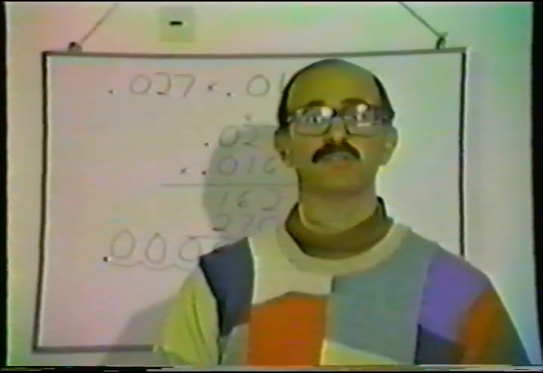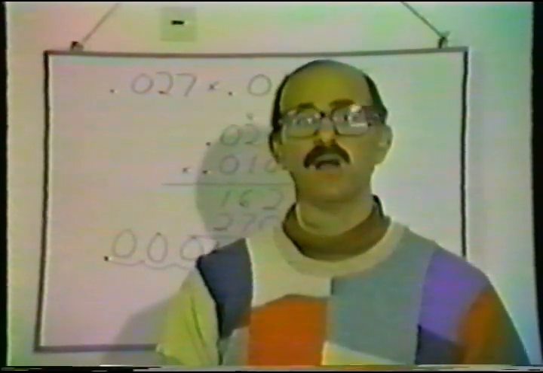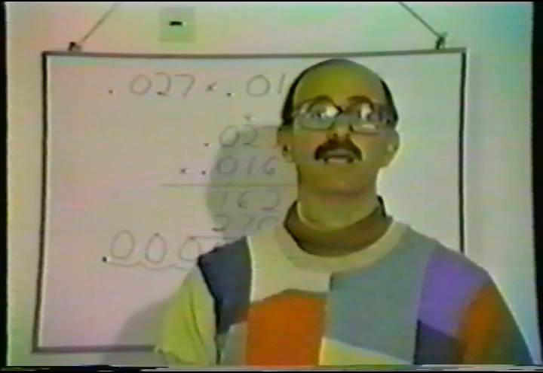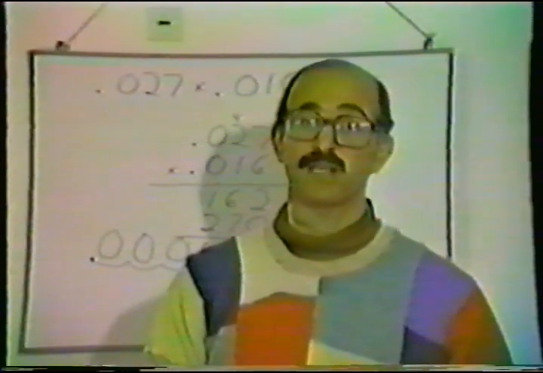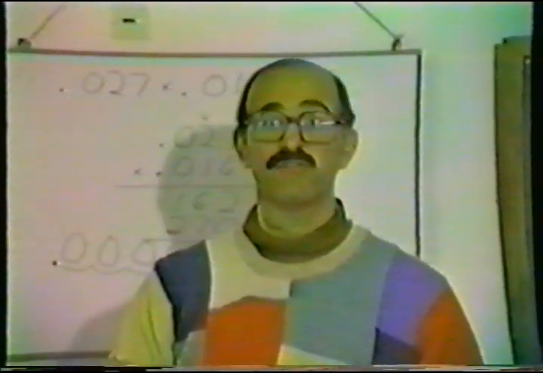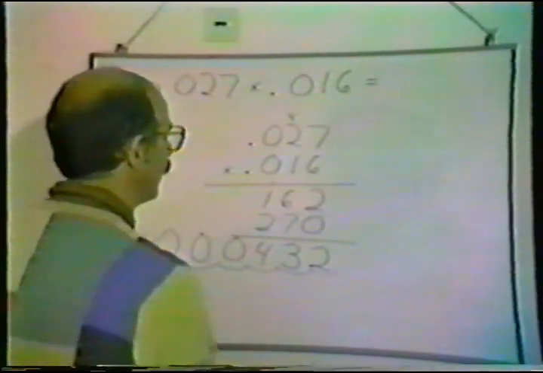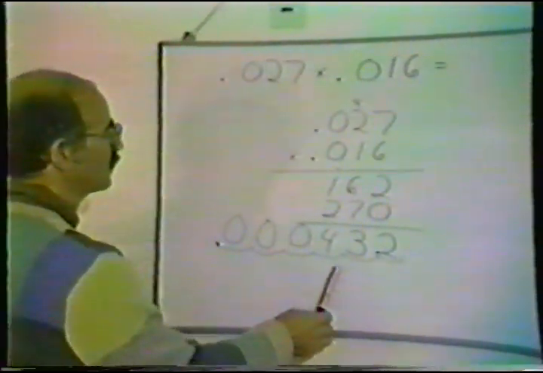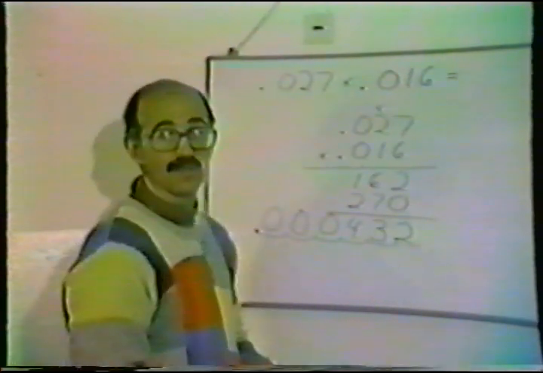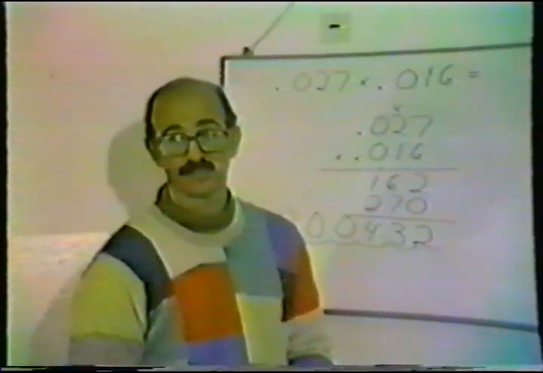All you have to do is count how many decimal places to the right of the decimal point are filled in the original problem, and count backwards in your answer that number of places.